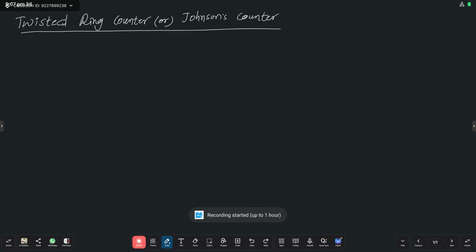Twisted ring counter or Johnson counter. You know already ring counter or shift register counter in the last class, correct?